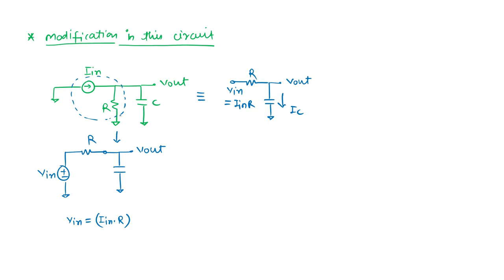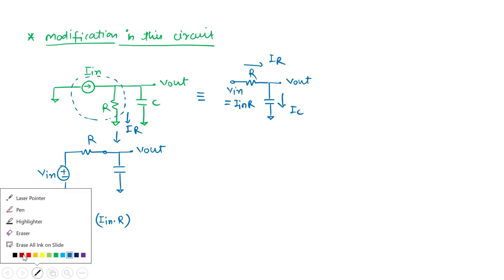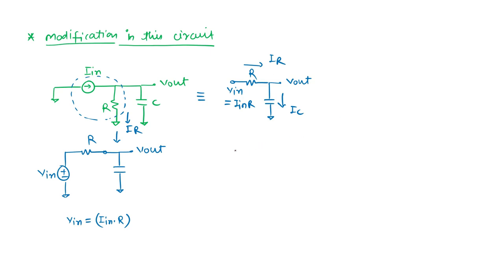Here we saw that the extra thing was IR. That can also be seen here, IR. So my circuit is reduced to this. What if I apply a step of I in from 0 to 5 ampere?